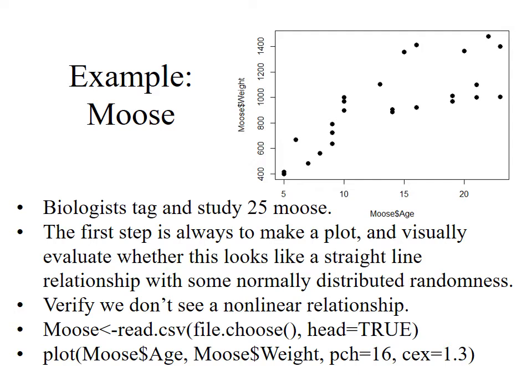In this case, we're thinking, yeah, maybe as moose get older, that might cause them to increase in weight, and so that's why we put the age on the x-axis, weight on the y-axis. And so we can look at this and say, okay, that's not ridiculous. This is not a relationship which is obviously nonlinear. This might possibly be fit by a straight line with some random scatter around there.